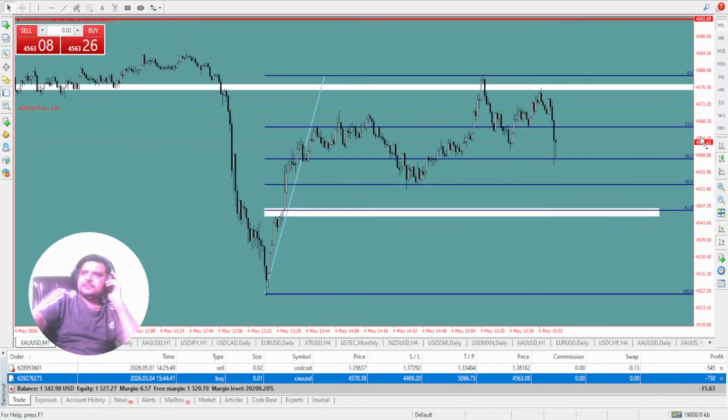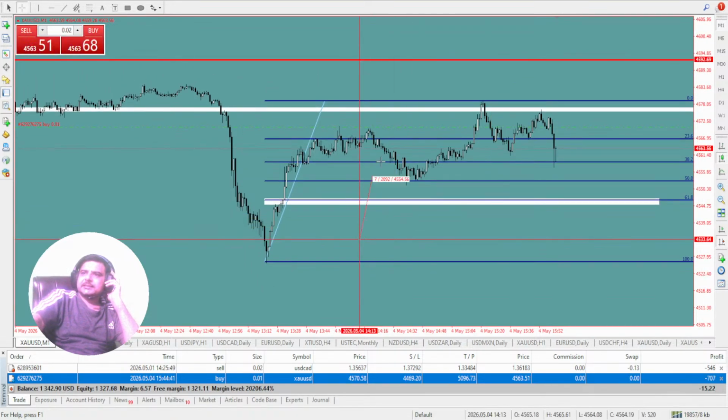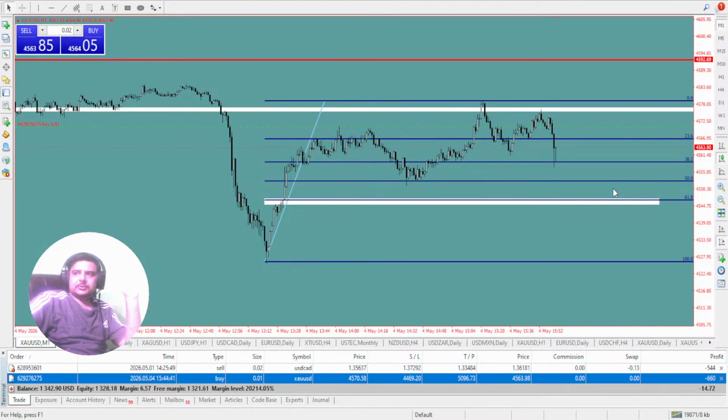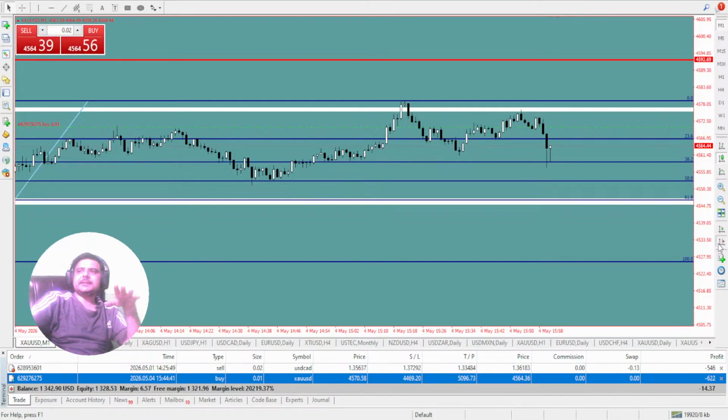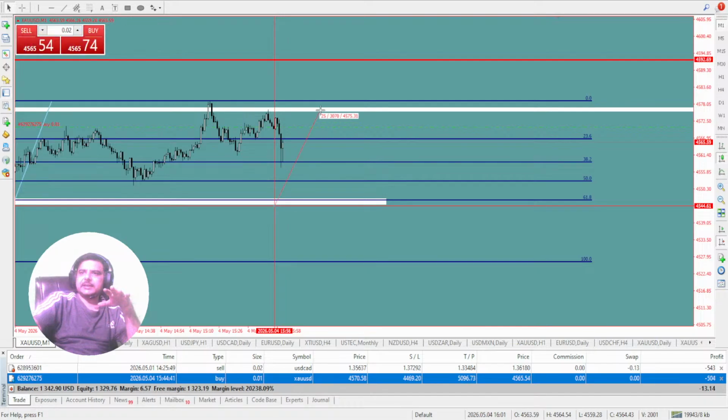So let's observe, as long as it stays in this blue zone, it is not free from danger, okay. It will be in danger, because these two zones became a big headache for this whole gold thing.